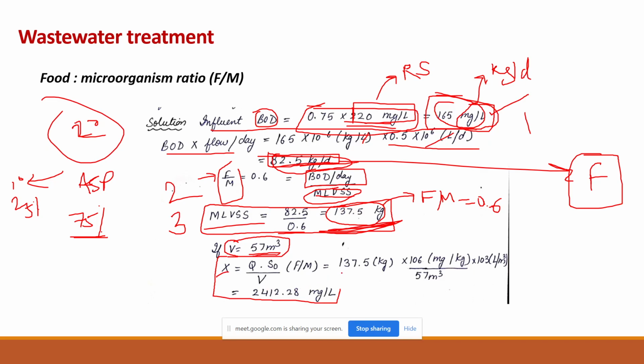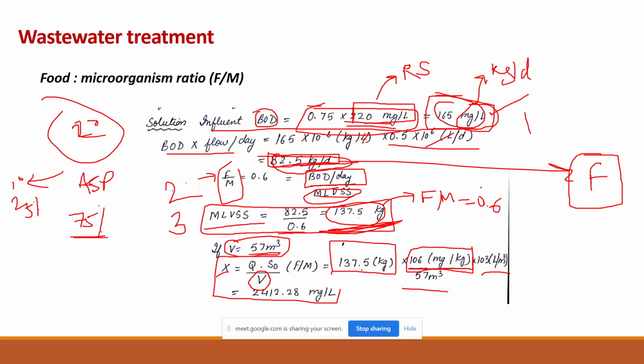So you have the MLVSS value, that is 137.5 kg. Then you convert, this is just for unit conversion, and you apply the S naught value dividing by the volume of the reactor, which is 57 meter cube, right?